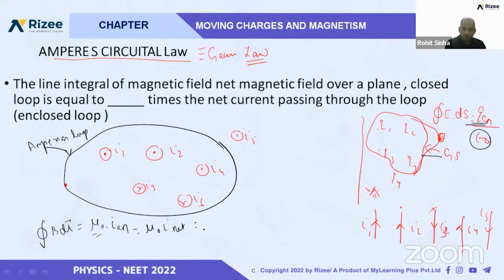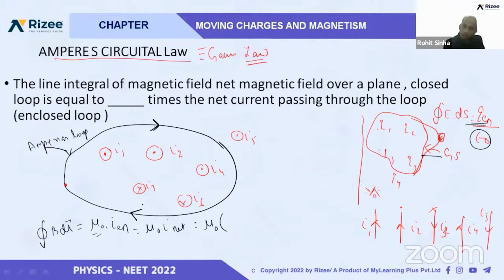How do we put the I net? See, the direction of loop is our choice, we assume it. Suppose we assume the direction of loop like this. If we curl our forefinger in the loop direction, we will see that our thumb will point downward.